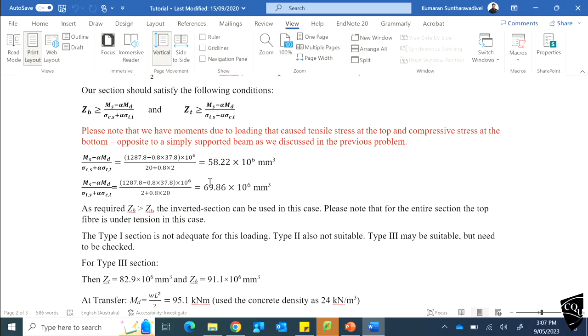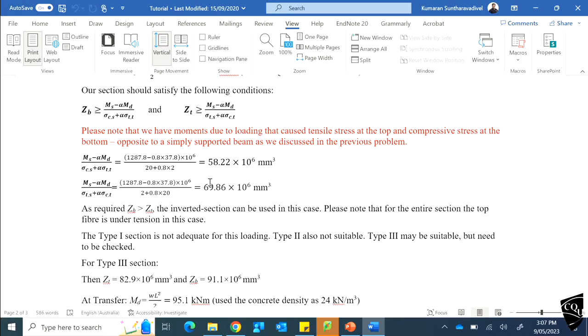Okay, so what you need to do is, this is the requirement. Okay, so when you use the I sections, use the smaller section, find out what is the requirement. Then if it is not satisfied, go to the next one. Okay, so it says type 3 will work.